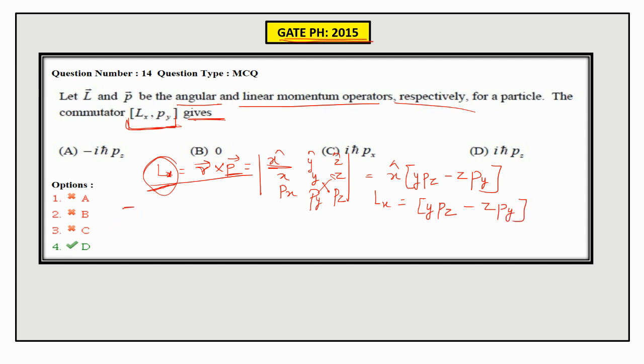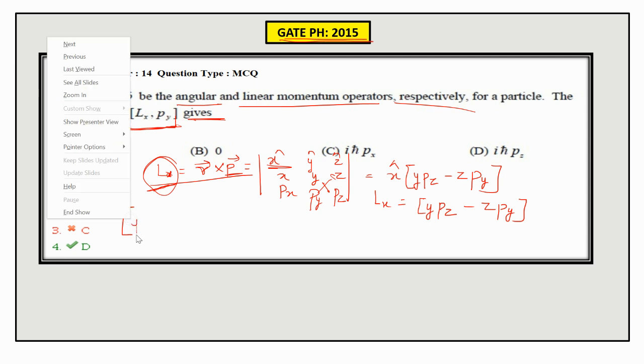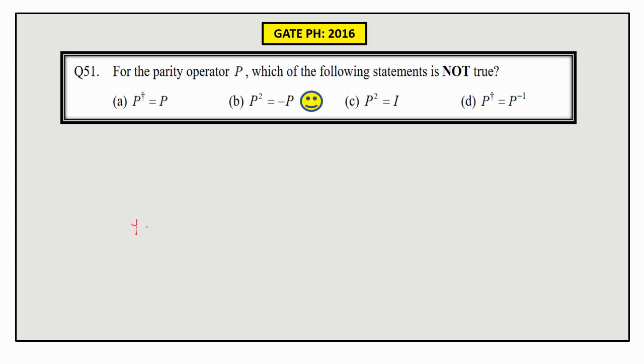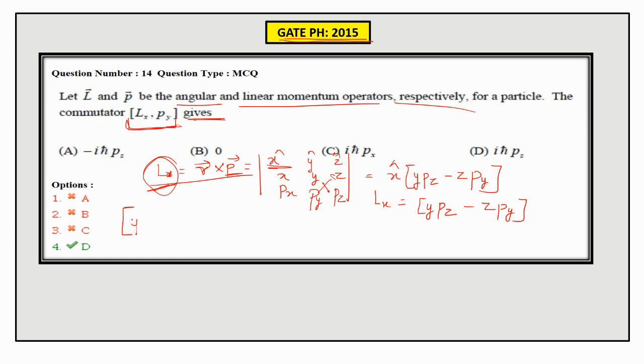Now you need to find out [y pz minus z py, py]. I want all of you to try this again.